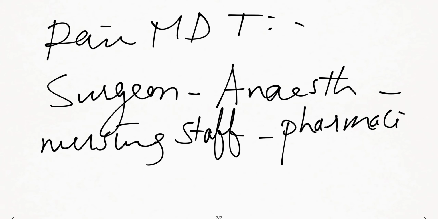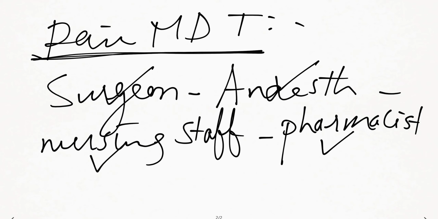So these 4 people will be here: the surgeon, the anesthetist, the nursing staff, and the pharmacist are the people who represent the multidisciplinary team of pain. Okay, so he is going to ask you the third question: what are the side effects of opioids?